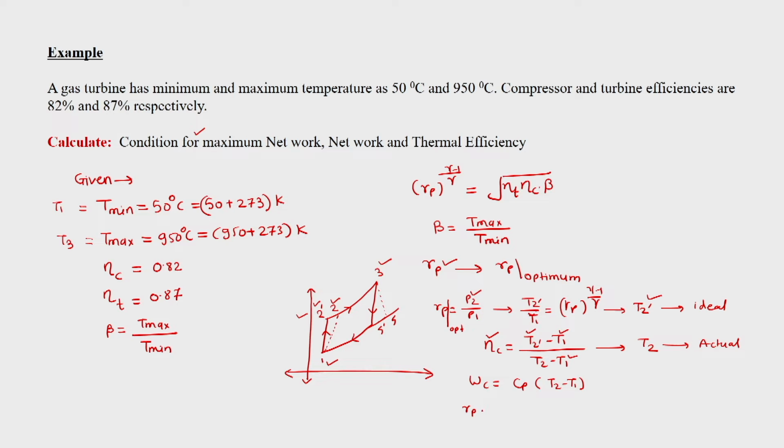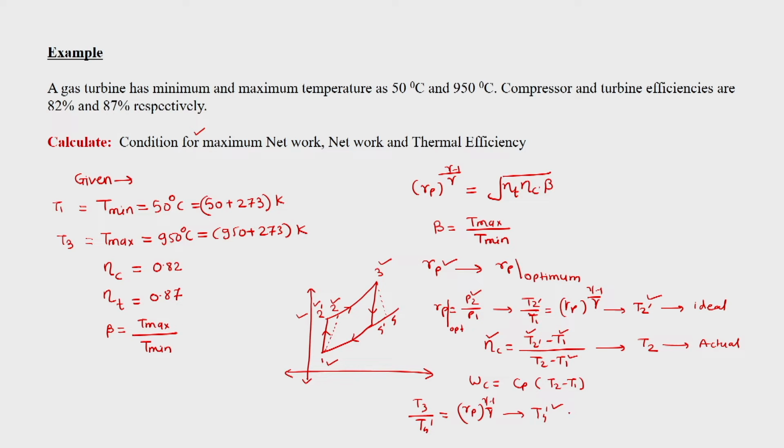Once we know Rp, we know T3 by T4 dash is equal to Rp raised to gamma minus 1 upon gamma. So, since T3 is known, then we can find out from this formula T4 dash.